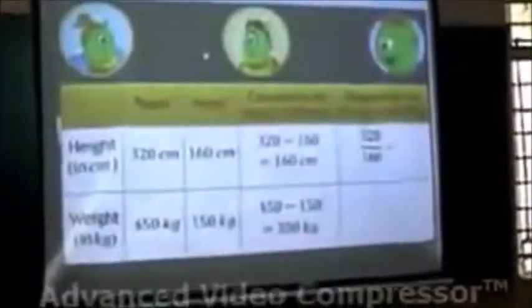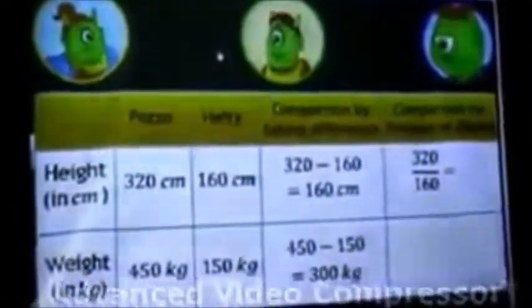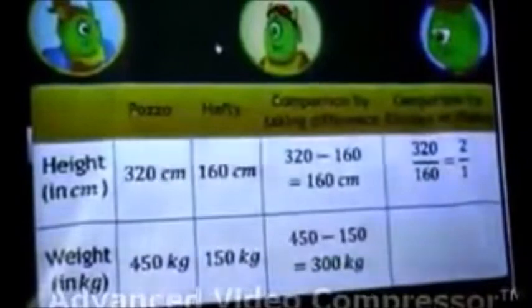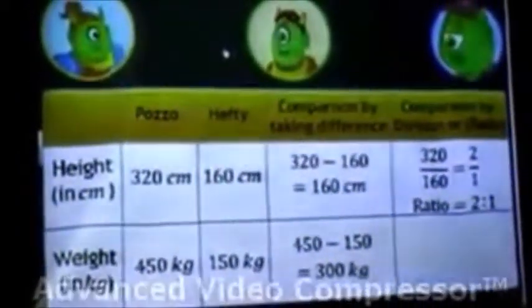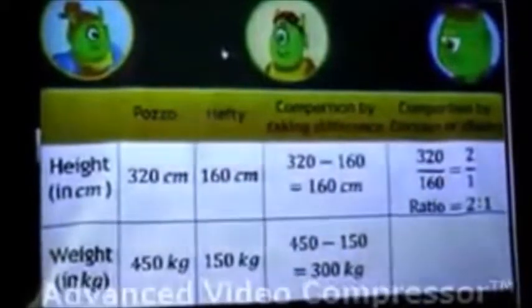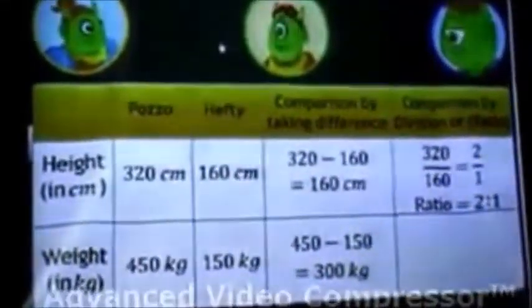On dividing 320 by 160, we get 2 upon 1. So, the ratio of your heights is 2:1. In other words, Pozo is 2 times taller than Hefty.